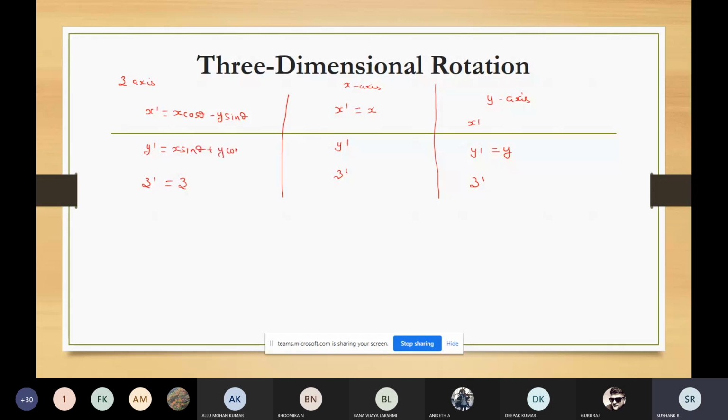I'll just replicate that. See, no changes. These formulas we had studied in 2D rotation only. Here you are adding one more axis, where z dash is equal to z when looking along the z-axis. But what about when you are looking along the x-axis?